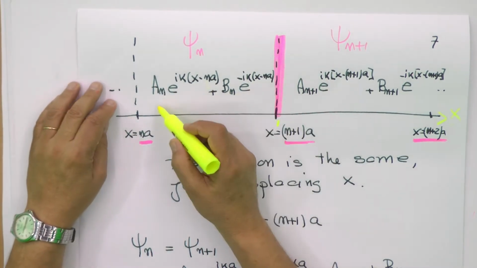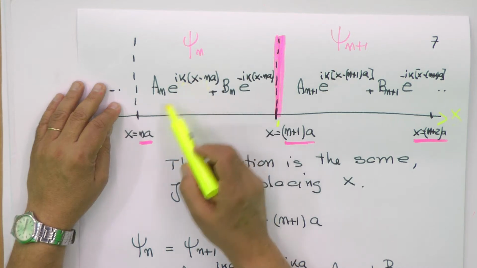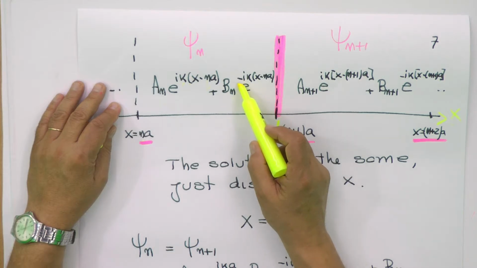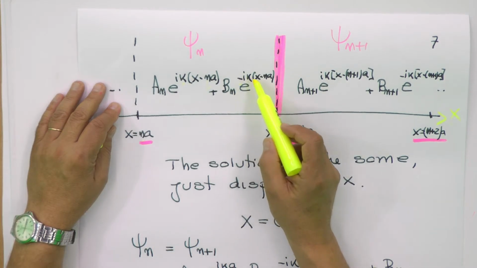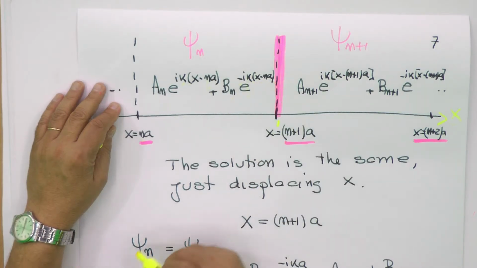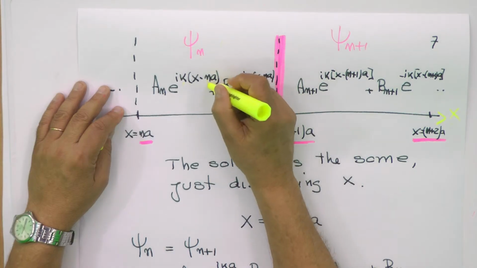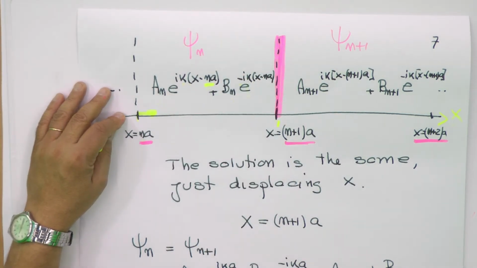So the solution in this side must be a combination of a e to the I k x plus b e to the minus I k x. But for this region, I must subtract this. So this is the beginning of the x.